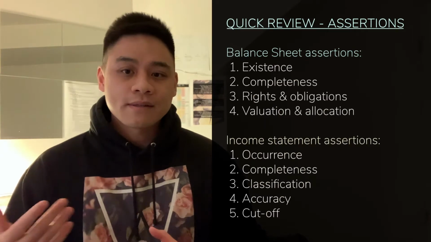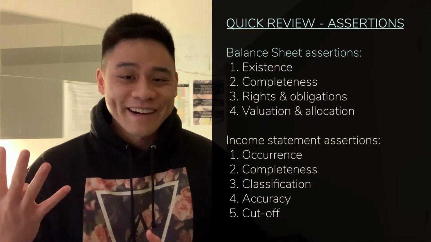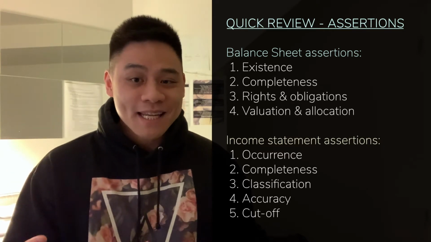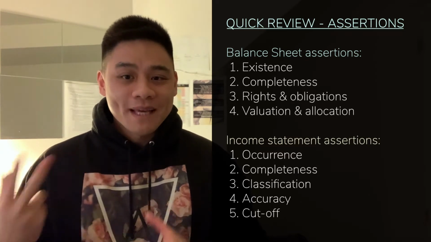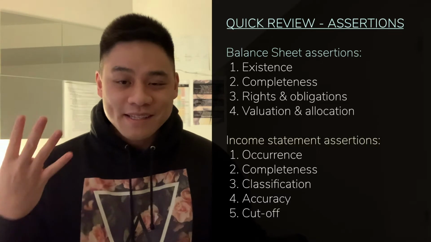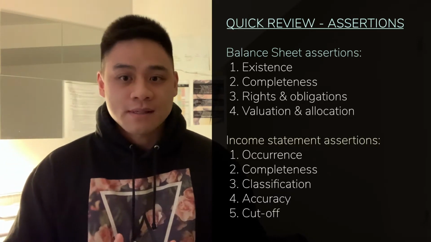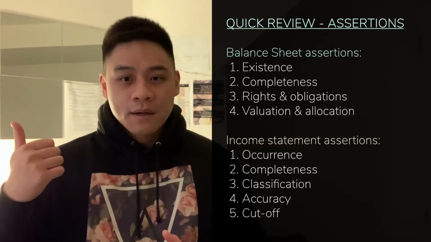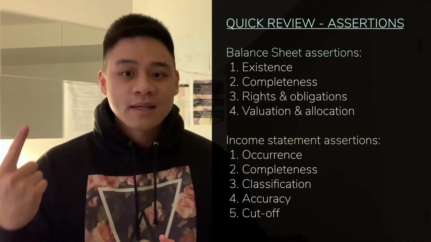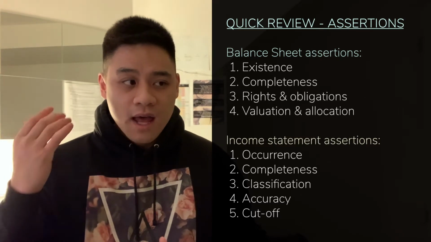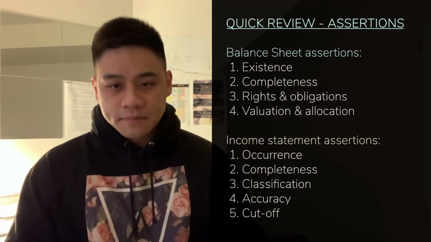So as a quick refresher, balance sheet assertions have 4. First is existence, second is completeness, third is rights and obligations, and fourth is valuation and allocation. And then income statement assertions have 5, being occurrence, completeness, classification, accuracy, and cutoff.